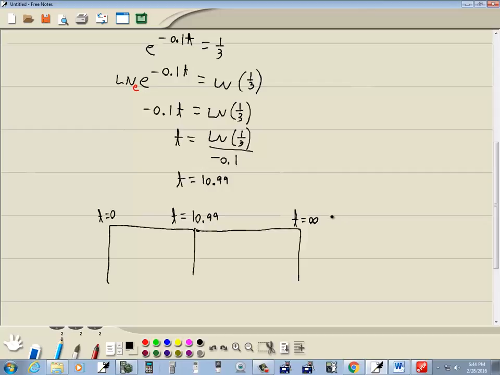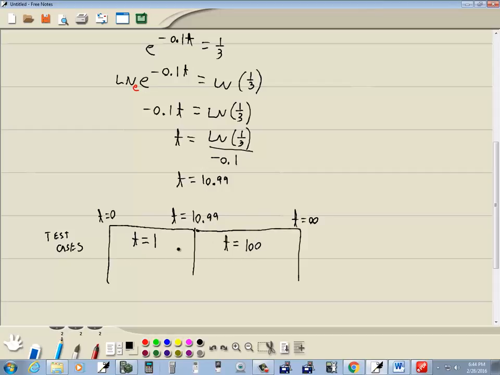We know eventually it'd evaporate, but we treat it that way. Now we want to choose test cases. Choose something between 0 and 10.99, something easy to work with. t equal to 1 would be a good choice. Over here you want something greater than 10.99. I probably wouldn't choose 11. It should in theory be okay, but choose something a little further out. Let's choose t equal to 100.